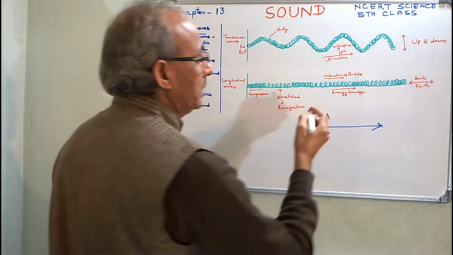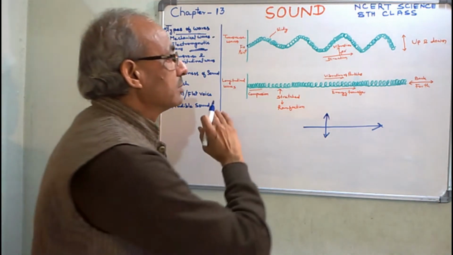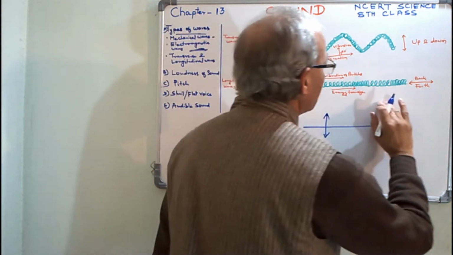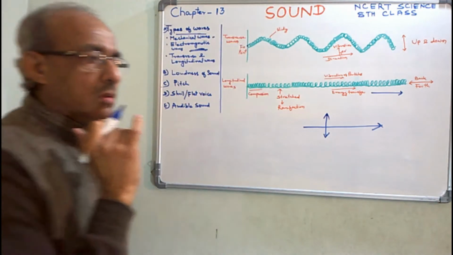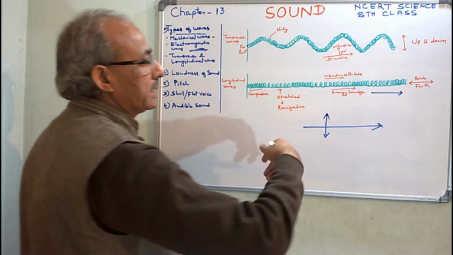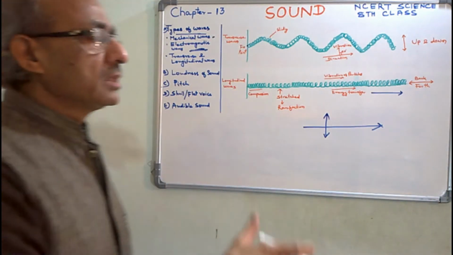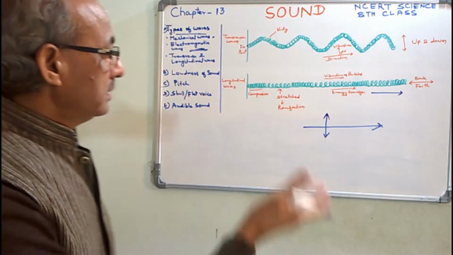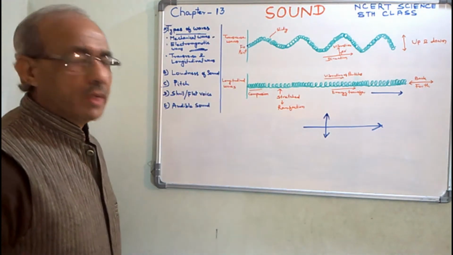In this case, the to and fro motion of the particles of the spring or slinky will be just parallel to the direction of the transfer of energy, or the movement or propagation of the wave. That means here the particles are performing the to and fro motion parallel to the direction of the propagation of waves, and these types of waves are called longitudinal waves.